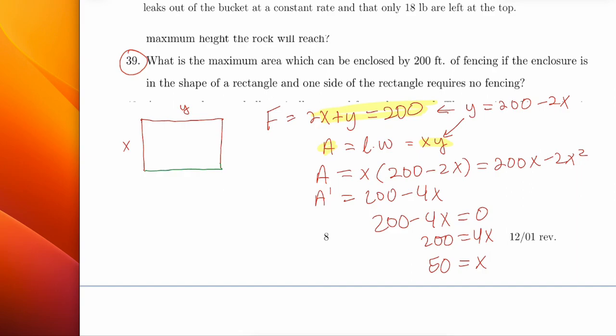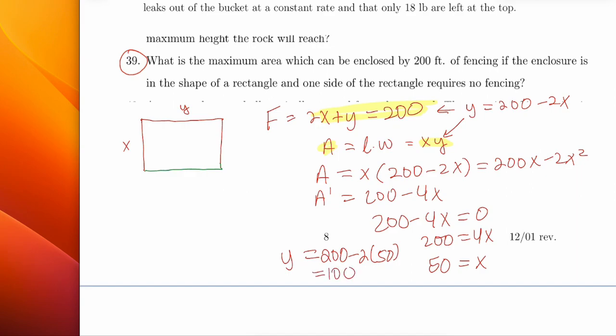Always read the problem. If they say, what is the maximum area, we need x and y so we can multiply them together and find the area. If they say, what are the dimensions, what's the y dimension? Well, the y dimension is 200 minus 2 x's, or 100.